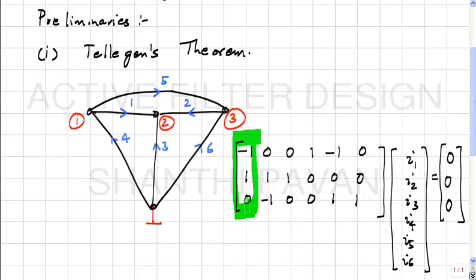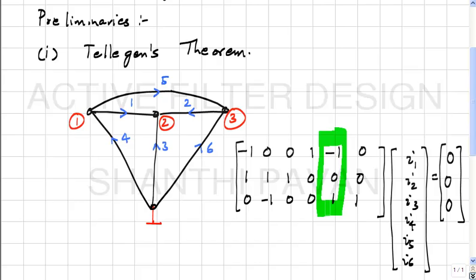For example, can we interpret the columns of this matrix? Which node to which node current? Correct. So, if I pick some arbitrary column of this matrix, this minus 1 comma 1 means that branch, which branch?